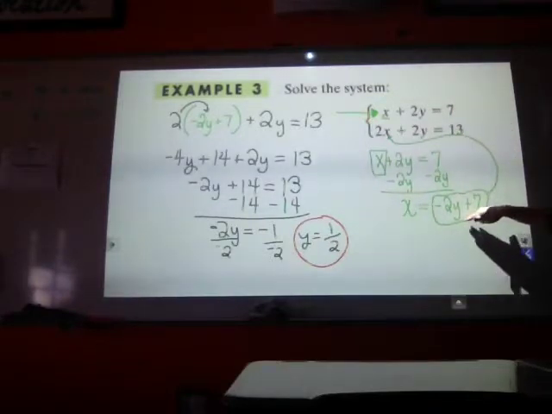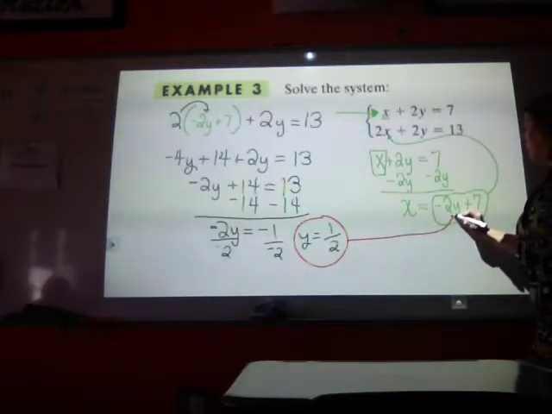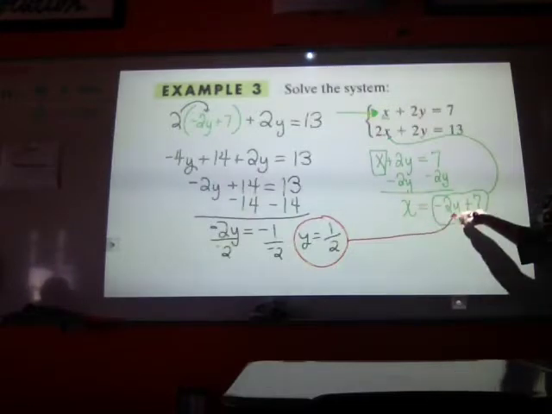Yes, the one that's already solved for x makes the most sense. Because remember, I've got y so that I can solve for x. Well, if it's already solved for x, why not use it?